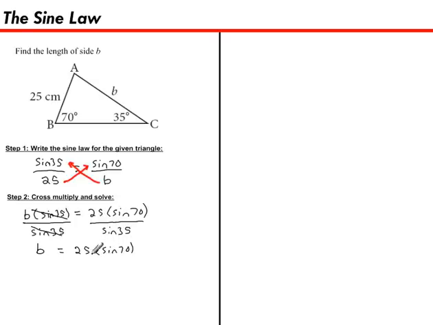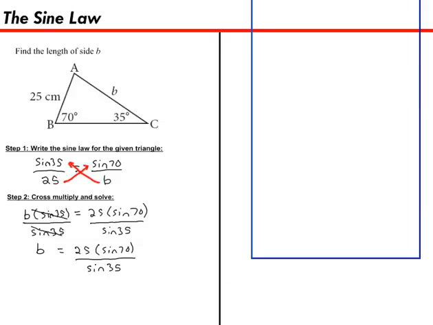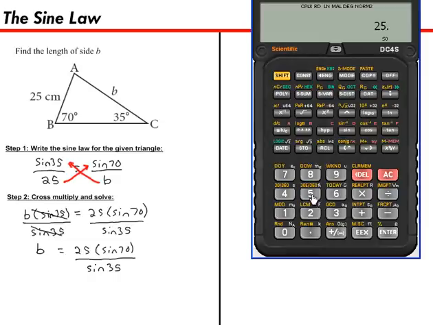Now I'm going to get my scientific calculator out because I know I'm going to need that to punch in all of these sines that I have over here. So let's do all of this math in one shot on our scientific calculator. I'll bring that up and I'll punch in 25 times sine, which is right here, sine 70, and I'm going to hit enter to get my answer for the top part of that fraction.